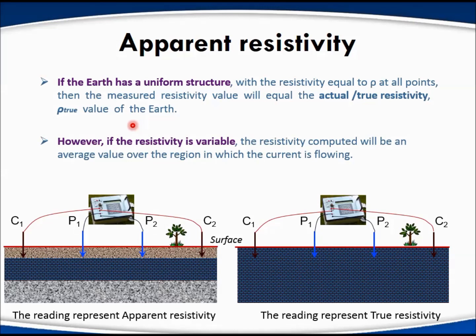However, if the resistivity of the material is variable because of an inhomogeneous or anisotropic medium, that will definitely give a range of resistivity values. Hence it will give an average value over the region in which the current is flowing. This average value we call apparent resistivity, or rho A.